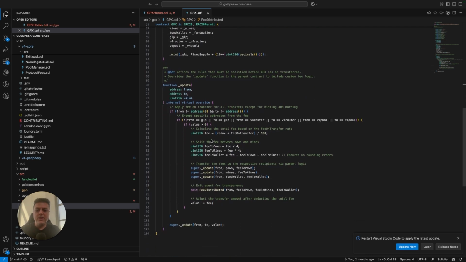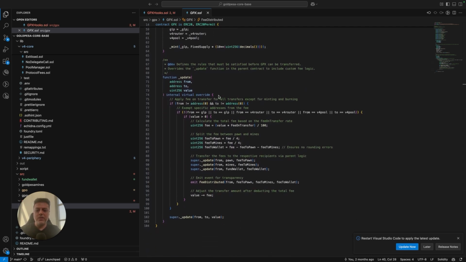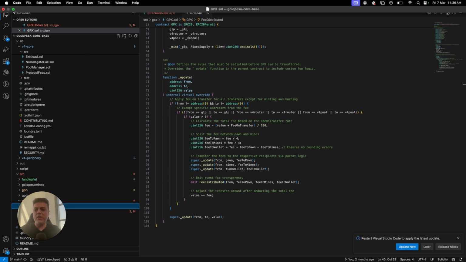Then there's simply a single function, as an ERC20 token, where 25% of the fee goes into the Pawn smart contract, the fee divided by 4, which is 25% of the fee, goes to the mines, and the rest of the fee goes to the fund wallet. As soon as a transfer is done, this function is called, and this is how the fee is distributed. This is hard-coded, and there's no way that GoldPesa or anybody else can change this contract. So this will be hard-coded for life.